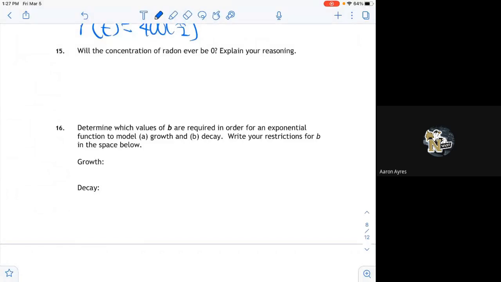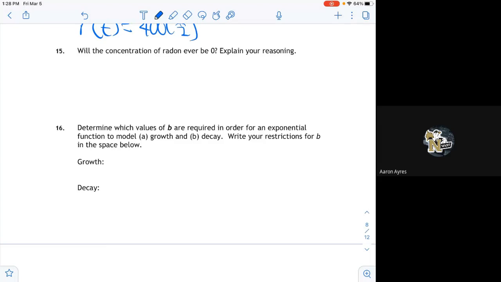So instead of the amount reducing by a half every time, we reduce by 30% every time. How would that work? What would your function be?